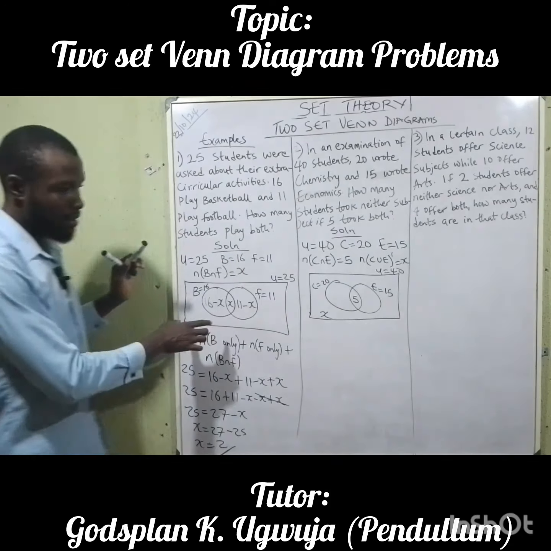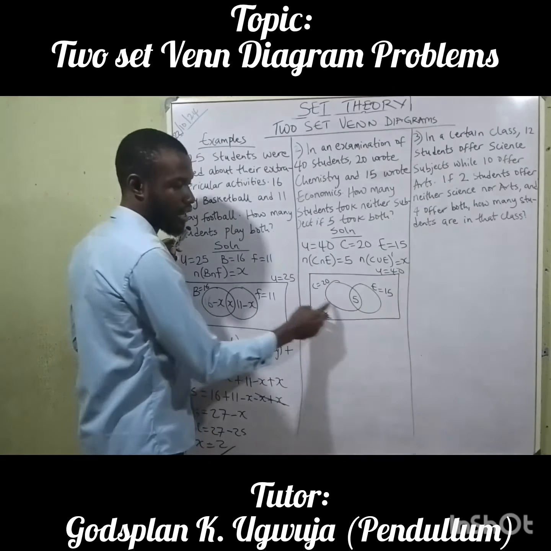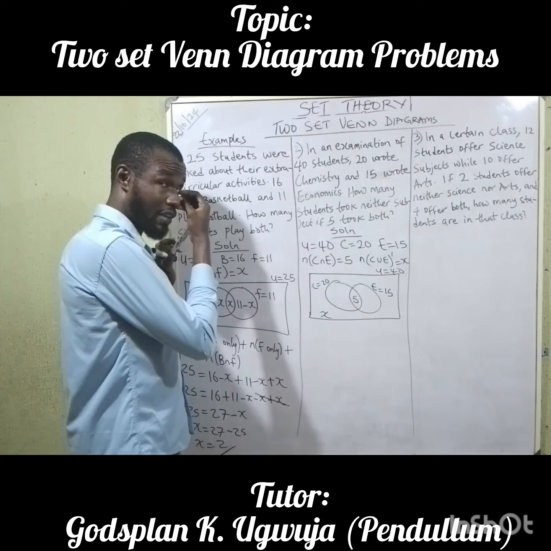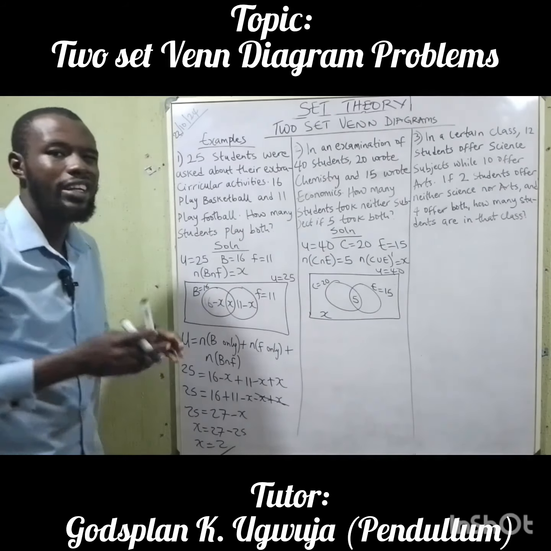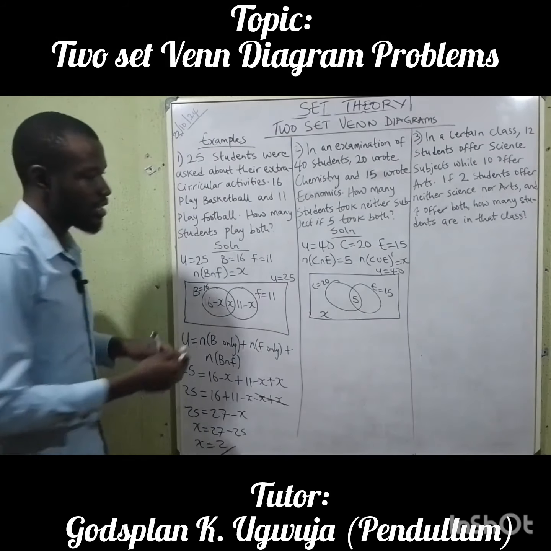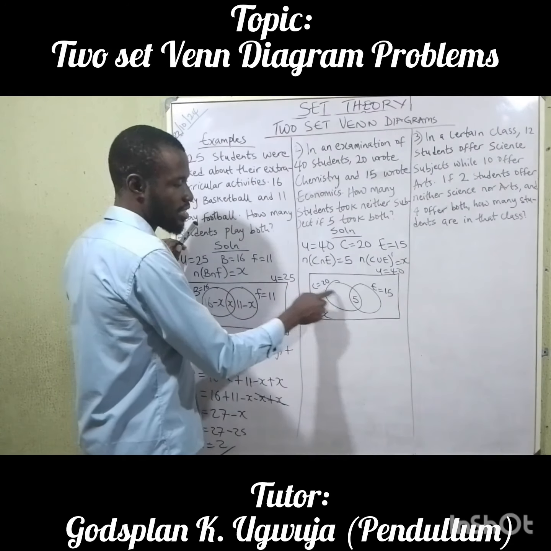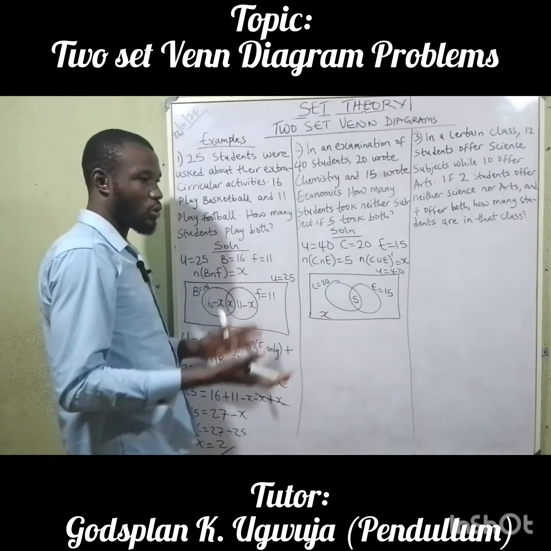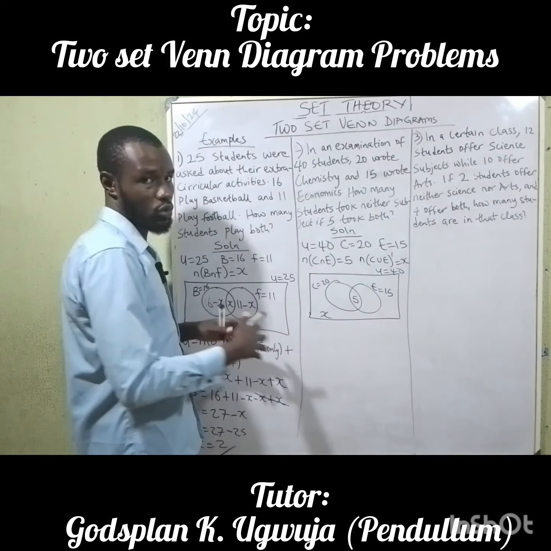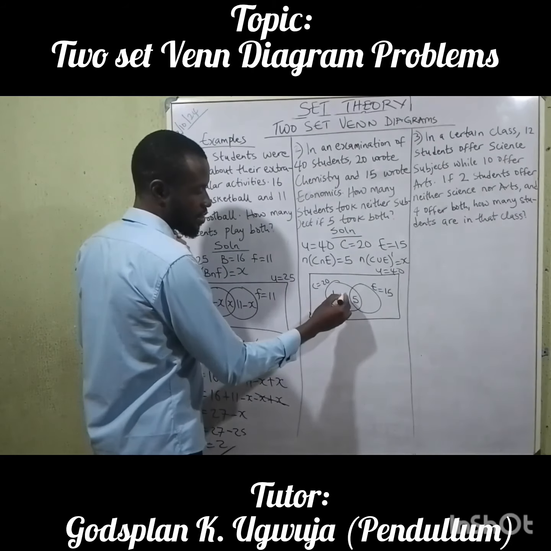Now following the same logic, if 20 students took chemistry, and 5 students took both chemistry and economics, if I asked you to find out how many students took chemistry only, that's going to be 20 minus 5. 20 took chemistry, and then 5 took both. So how many people took chemistry only? 20 minus 5, that's 15.